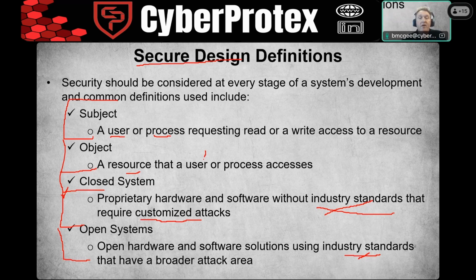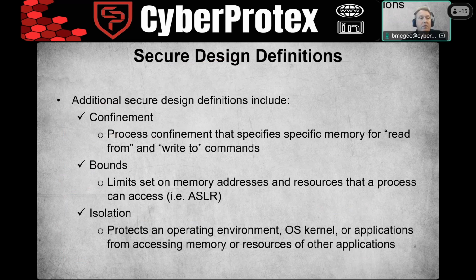In addition to that, there are a few other concepts that we need to enumerate. There's this word called confinement. In secure design, this means that specific memory is read from or written to, so that process is confined to it.